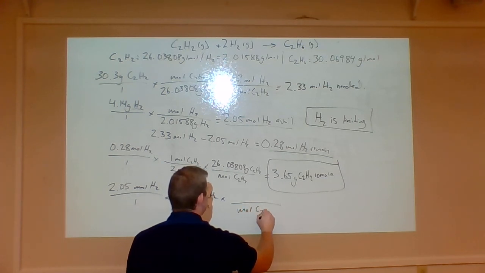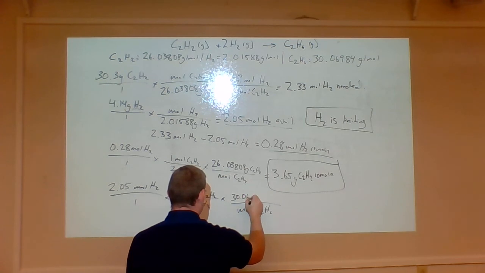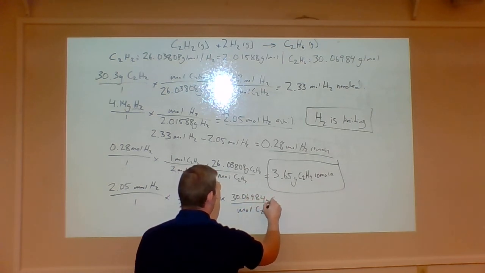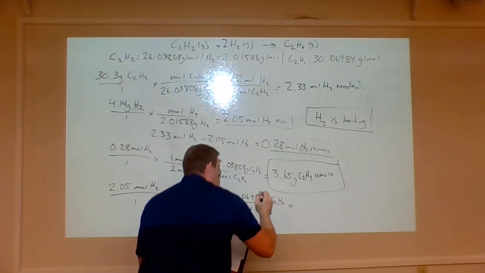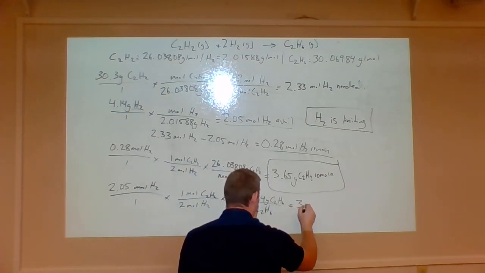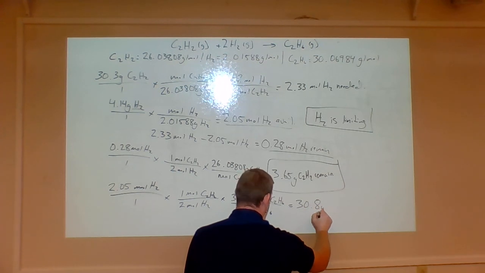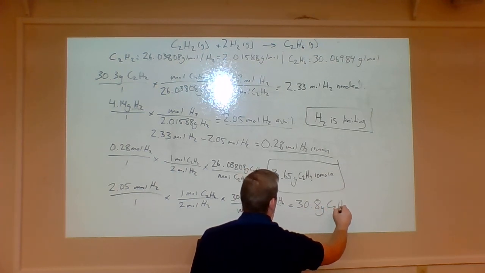For every mole of C2H6, we have 30.06984 grams of C2H6. Plug and chug, that gives us an answer of 30.8 grams of C2H6 formed.